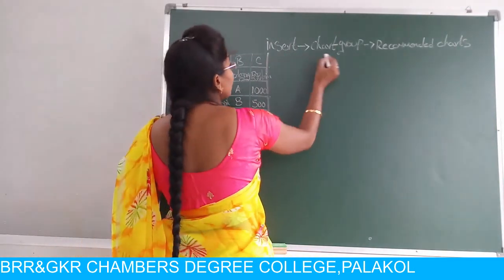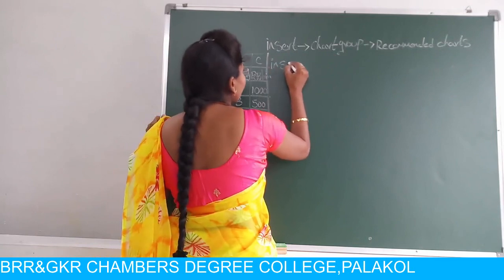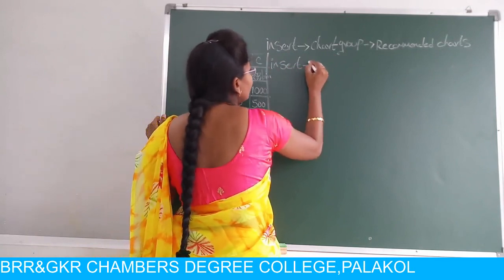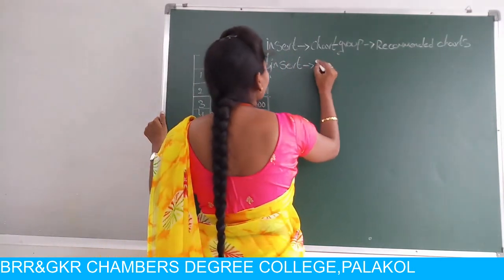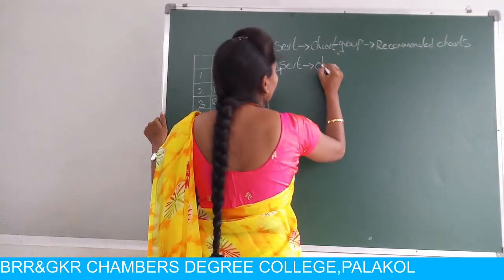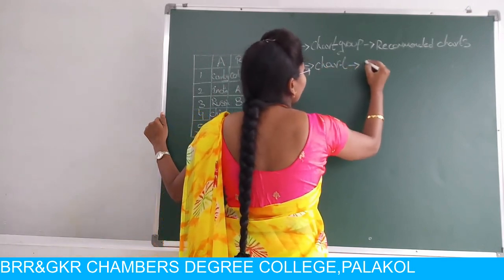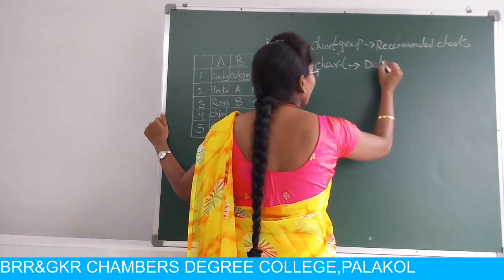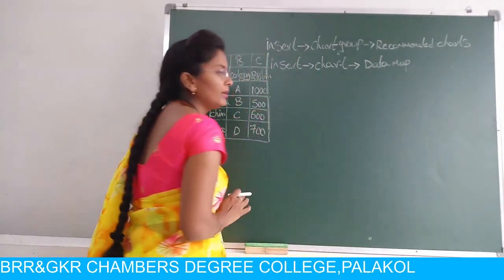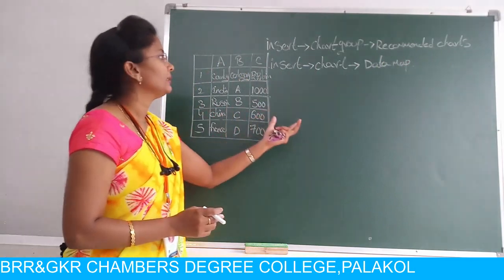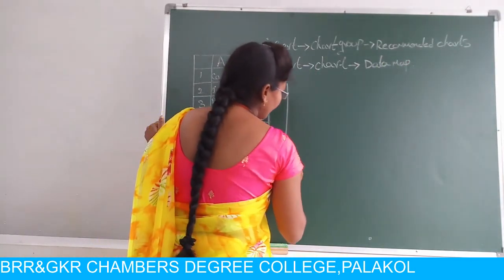This is the first way, and the second way is to click on the insert option and then click on chart and then data map. This is the second way to open the data map. Here the data map representation will appear.